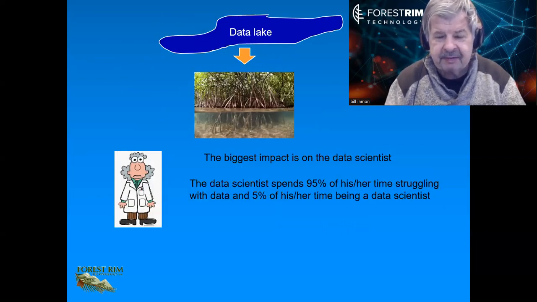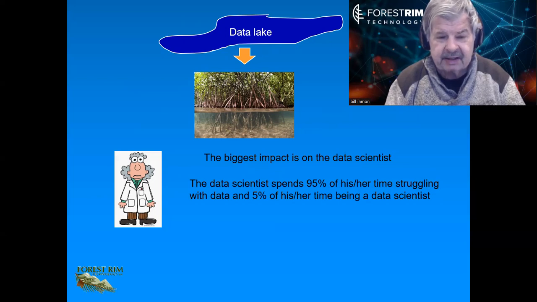Now, who was impacted by this swamp, this data swamp that was being built? A lot of people were being impacted by it, but perhaps the biggest impact is on someone we call the data scientist. Because what happens is the data scientist spends 95% of his or her time struggling with the data and 5% of his or her time being a data scientist.